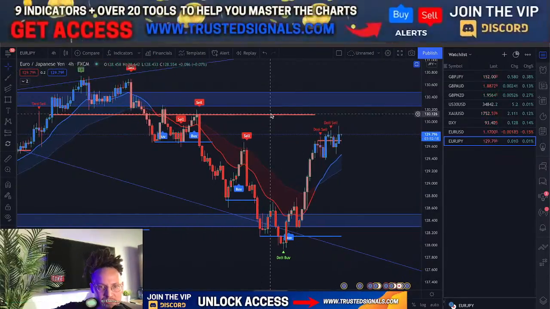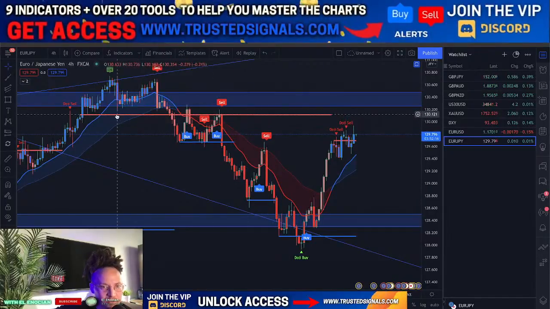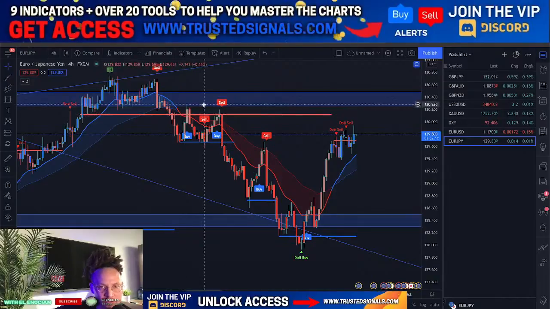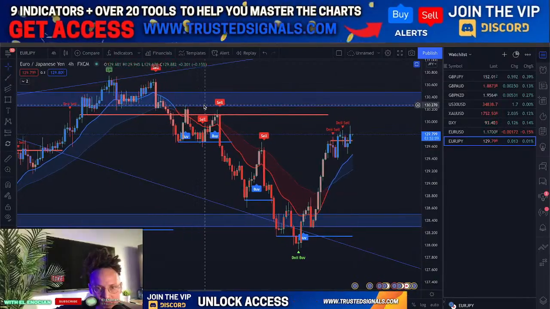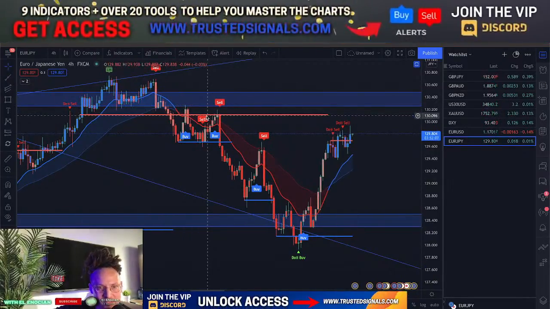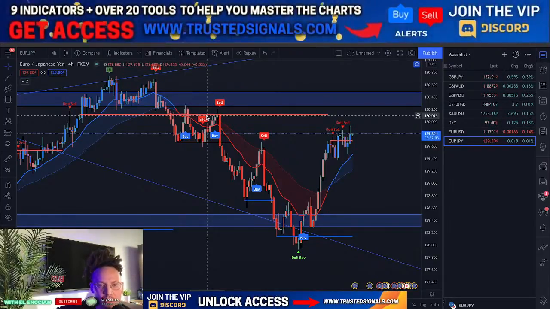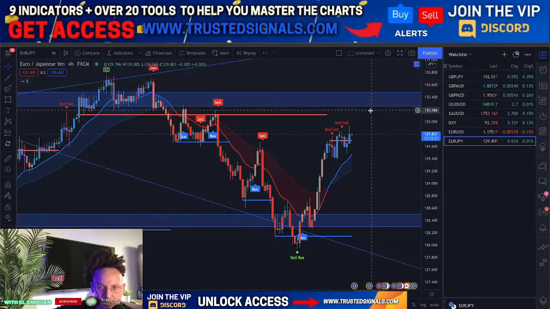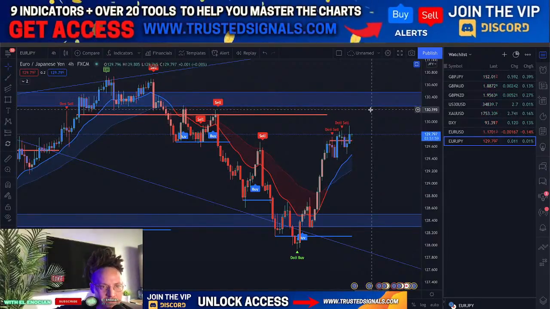The next resistance line, the auto resistance line that was created by Trusted Signals, is right here, right above the zone that I created on the weekly. So you could tell that the auto support and resistance that Trusted Signals creates is spot on. So wait for price to pull up right around here.